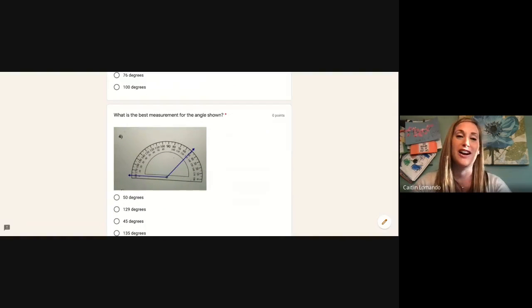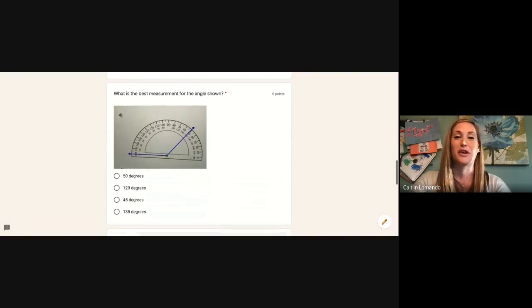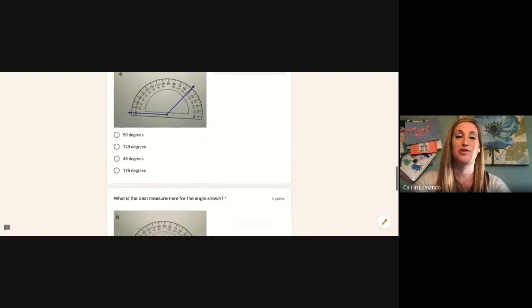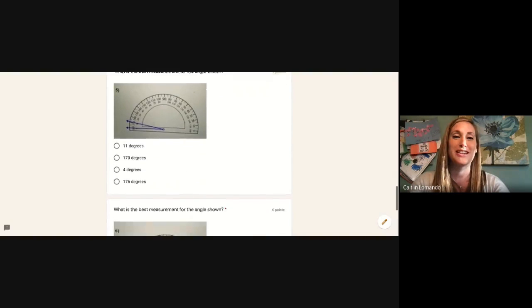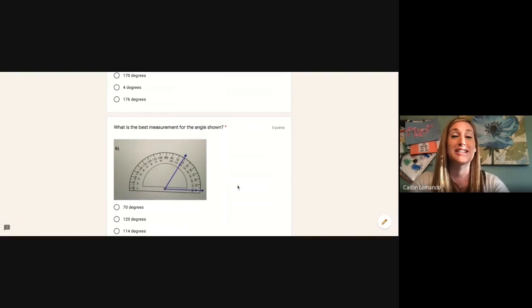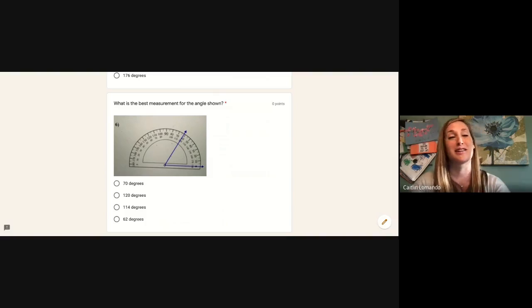Number 4, that looks like an obtuse angle, bigger than 90 degrees. So think about that as you choose your best option. Number 5, that's an acute little angle. That's teeny tiny. So think about what that would be as you choose your best answer. And number 6, that's another acute angle, less than 90 degrees. Think about that as you choose your answer.